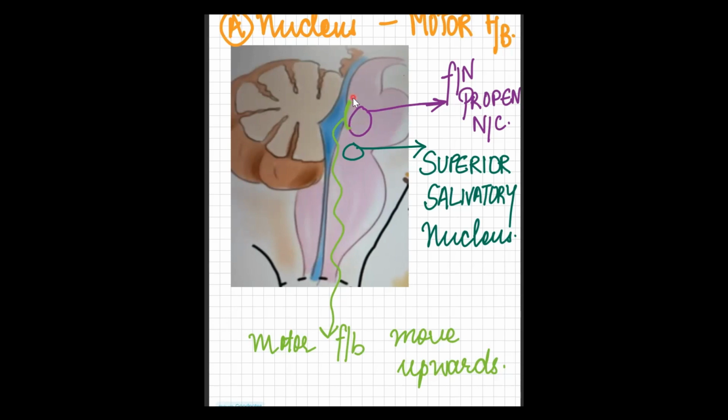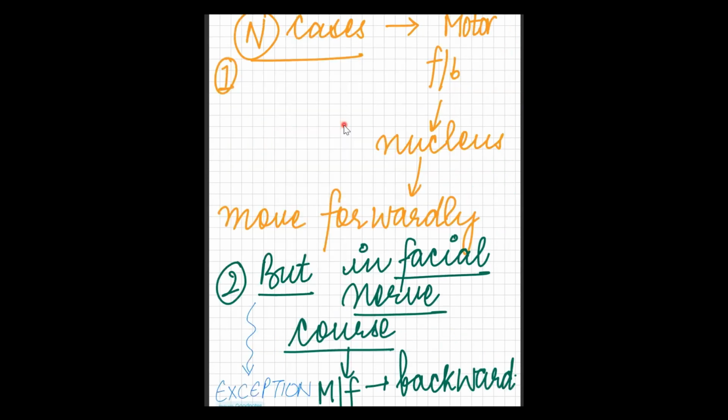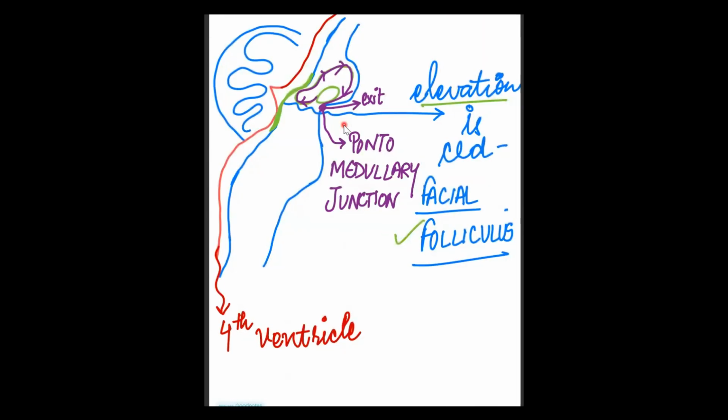When it strikes the base of the fourth ventricle here, it leads to an elevation. This elevation is called the facial colliculus. Then it follows a circular path and exits via this junction where my pointer is. This junction is called the pontomedullary junction because it is between the pons and the medulla.